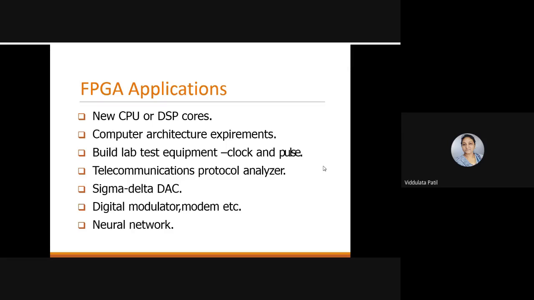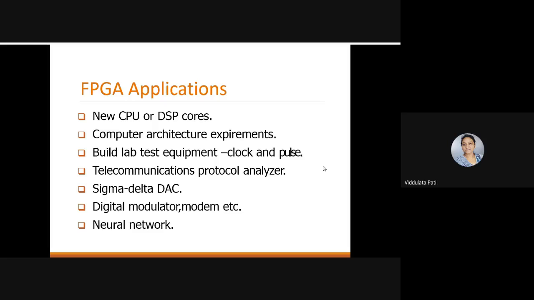Okay? So if you want to design any new CPU or DSP cores, then FPGA can be used. Then computer architecture experiments, there also FPGA is used. Then building test equipment for clocks as well as pulses. Okay.